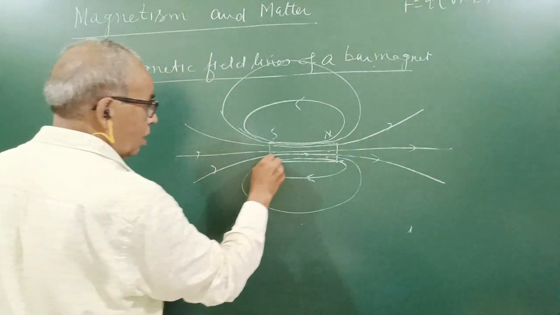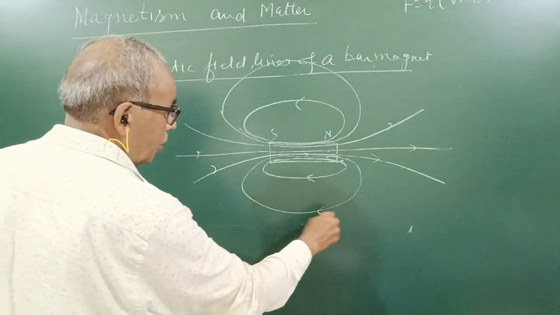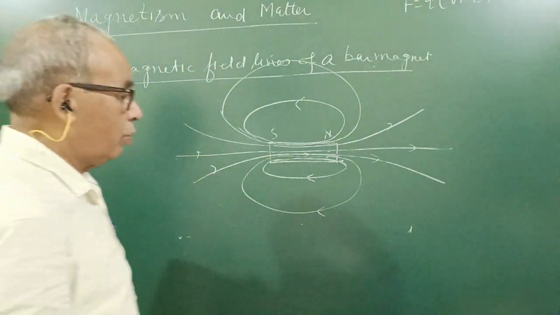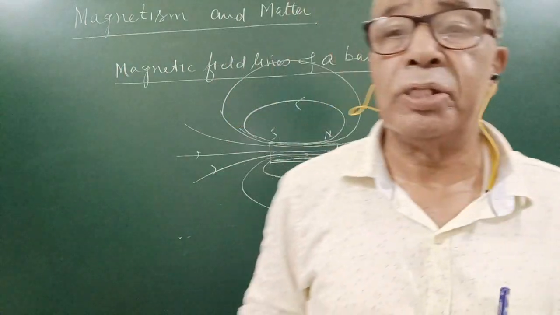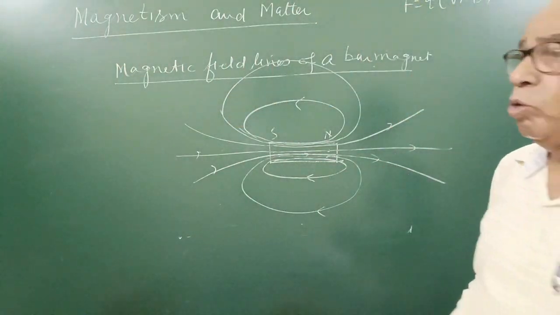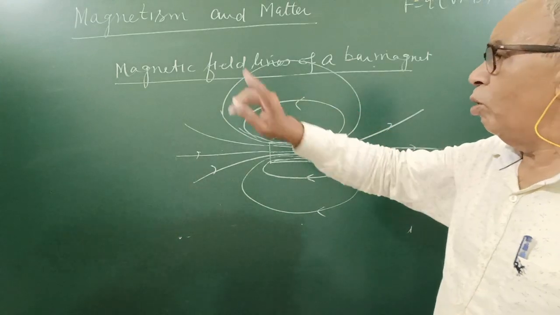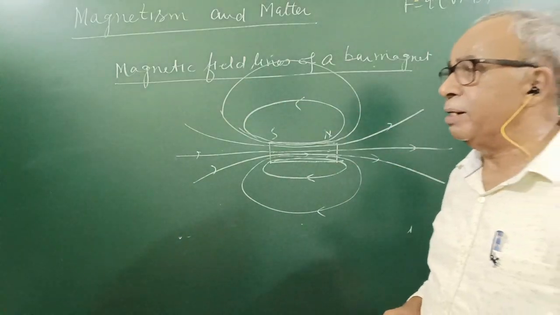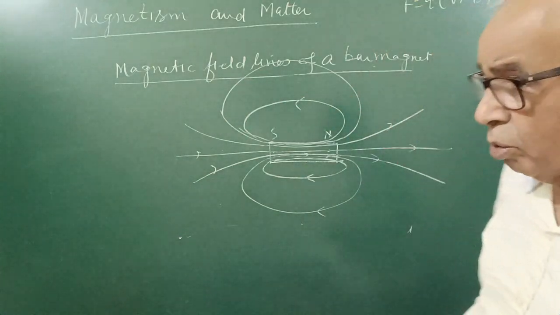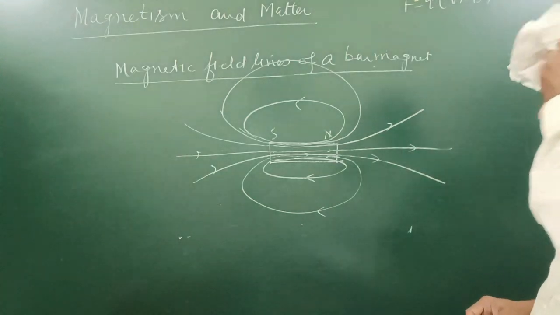Electric field lines, you have learnt, do not make closed loops, but magnetic field lines, don't call them magnetic lines of force, make closed paths.